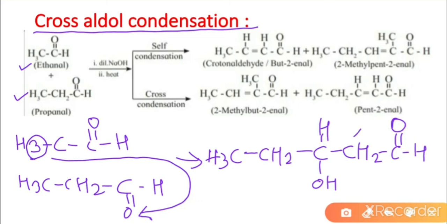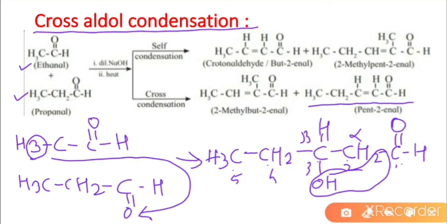This is alpha beta hydroxyaldehyde, 1, 2, 3, 4 and 5. After dehydration reaction, this OH and H are removed, 1, 2, 3, 4, 5. This compound is obtained: pent-2-enal.